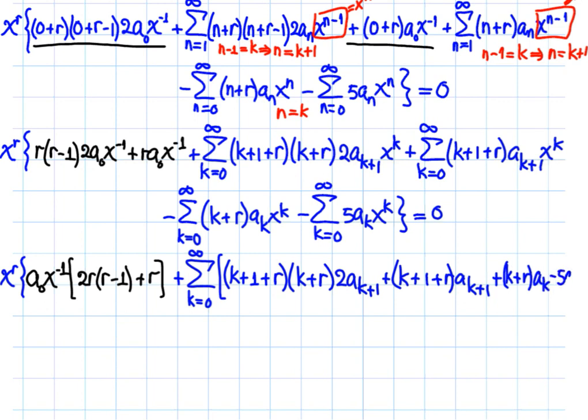Minus 5, a sub k, x to the k. And we still have to close the curly bracket, equal to 0. So it's almost correct. I just need to fix this. This will be a minus because I just copied it from here. That should still be that.